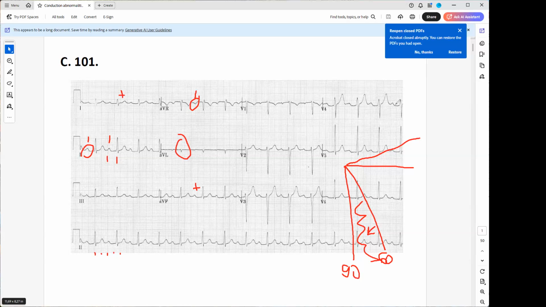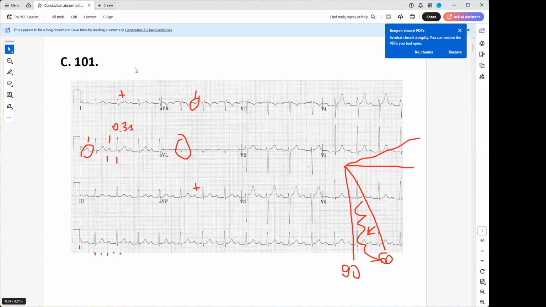Okay, so the gap between the PR intervals is around, I think, more than 5 small squares, if I have counted correctly. Okay, this means 0.2, that means about 0.3 second. Yes, 0.3 second, so that's longer than normal, but every P is followed by QRS, so that means it's first degree AV block.